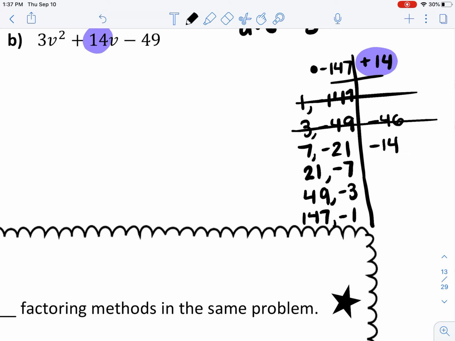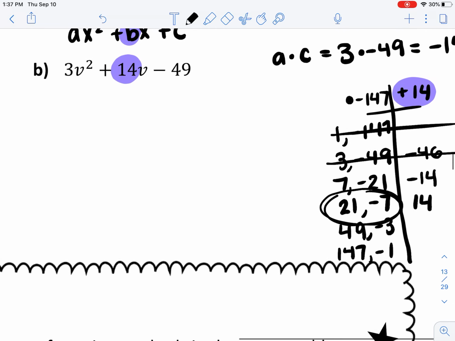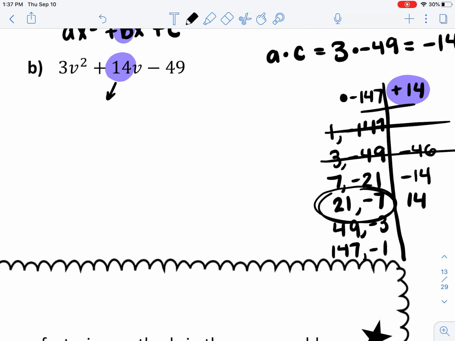I need positive 14, so since I need this to switch, these also both need to switch, which is what I have right here. The 21 switches to a positive, the 7 switches to a negative, so therefore my answer is going to switch also. So that is my positive 14. I'm going to circle my pair, 21 and negative 7. That is the pair that I use to split the middle.